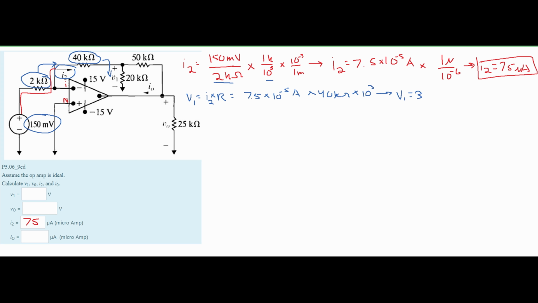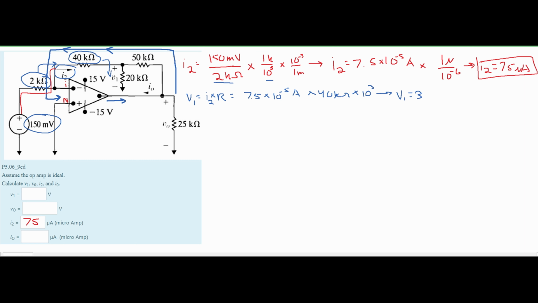That's almost the answer. However, we should note that when we look at a circuit like this, from our V-naught, this is the output of our op amp. If it's connected like this, we're going to get some negative feedback from our V-naught. What that means is that some of the voltage is going to be going this way, back down, this way, and kind of back into our op amp. And when it's going this way, it's going in this direction, over the 40 kilo ohm resistor, over the V1.